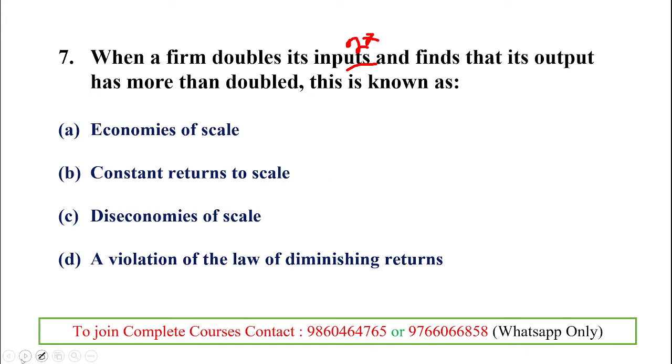So that is beneficial and profitable. That is economies of scale, where the firm produces output at a rate more than double the input used in the production process.